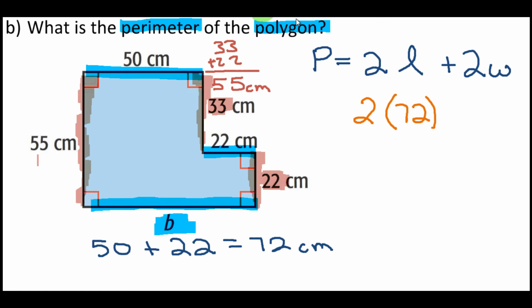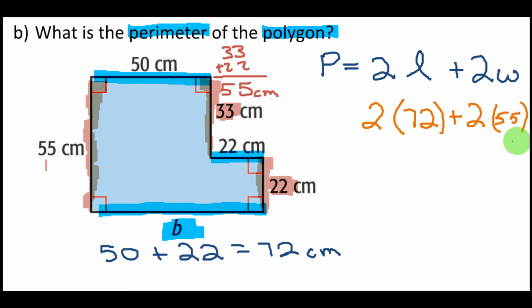Let's grab our pen, and actually I want to choose that other color. We're going to double the width, which is 55. Okay, so what we've essentially done is doubled the side lengths on each side in this formula. So let's go ahead and simplify this problem. 2 times 72 gives us a value of 144.